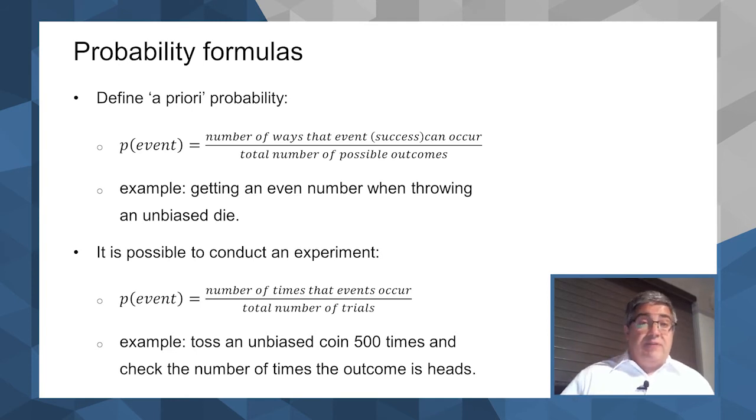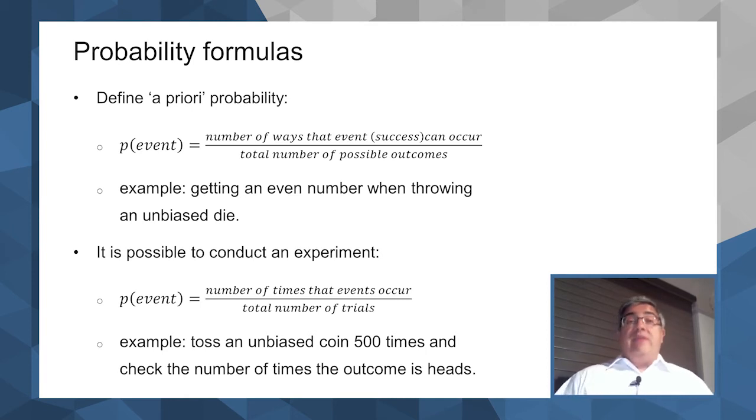Take a pack of cards. There are 4 suits of 13 cards each. So what's the probability of taking a spade, which is one of the suits? 13 cards are spades, 52 cards in total, 13 out of 52, or 1 out of 4.